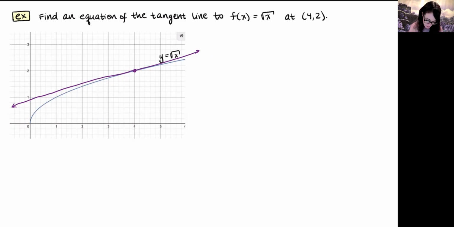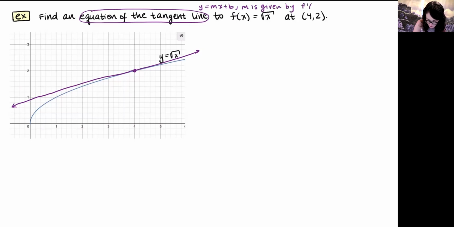Okay, so in order to find this equation of the tangent line, again, we want y equals mx plus b. And m, the slope, is going to be given to us by the derivative. More specifically, f prime, the derivative, evaluated at 4, right? Because that's the slope of the tangent line at that point, 4 comma 2.